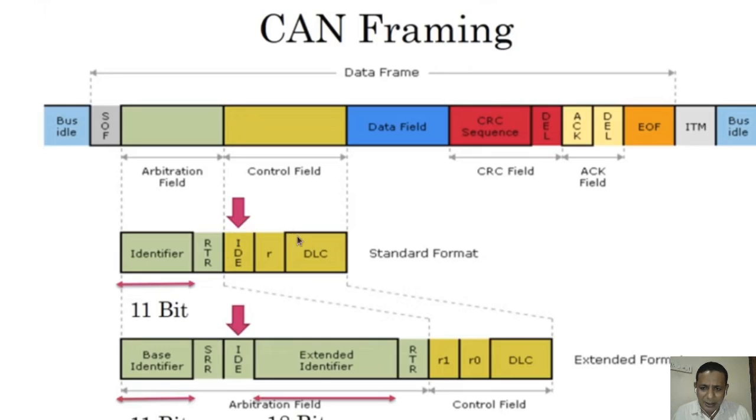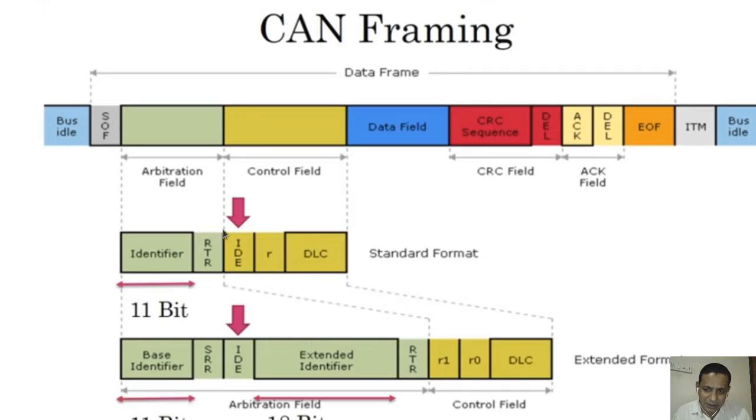In the standard frame format, the IDE corresponds to the control field, but in the extended format the IDE corresponds to the arbitration field. Then this is the standard frame format, and this corresponds to the extended frame format, that is R1, R0.